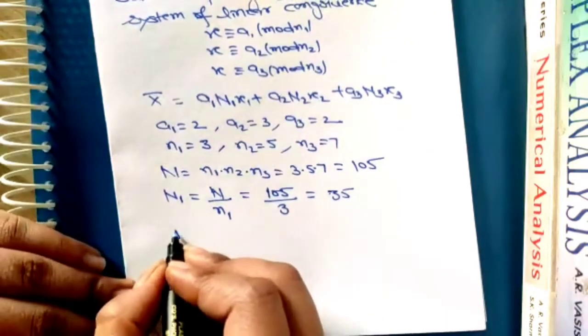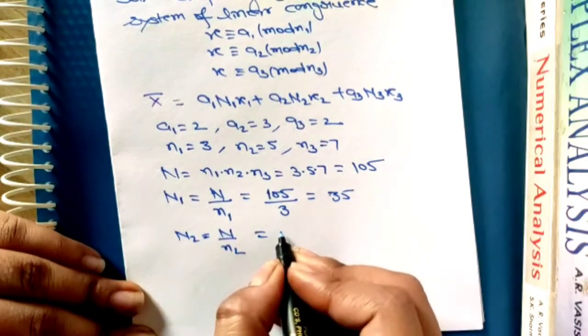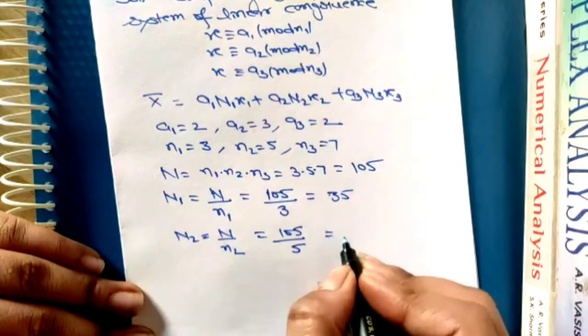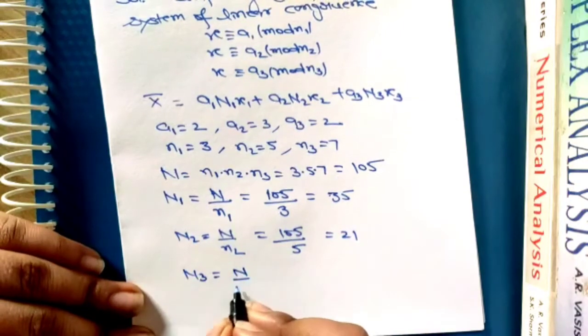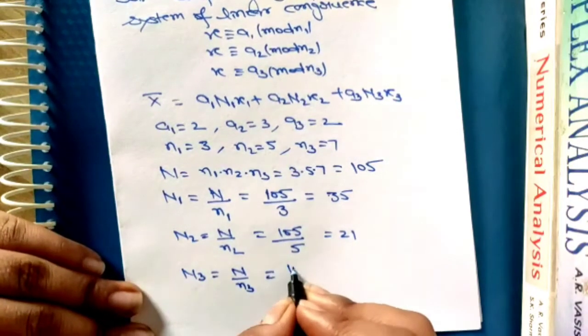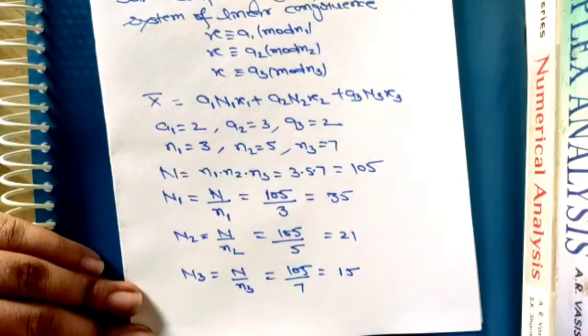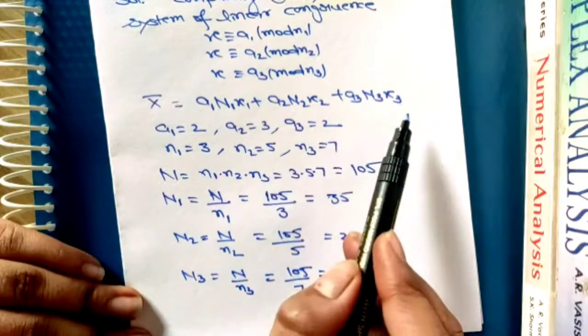Now N2, similarly: 105 upon 5, we get 21. N3 equals N upon n3, 105 upon 7, we get 15. Now we are going to find x1, x2, x3.